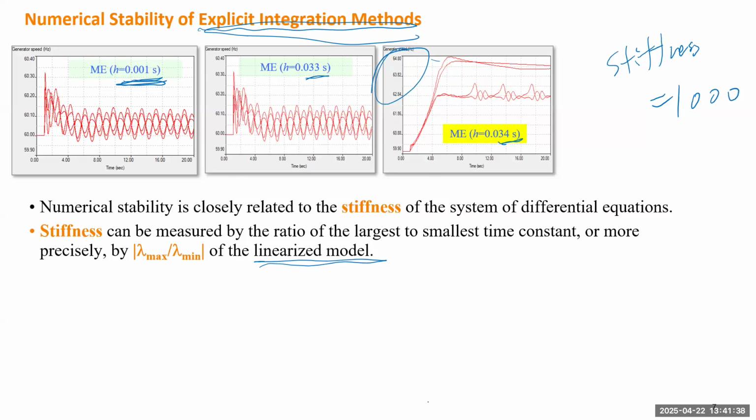But because the system also has very fast dynamics, governed by the smallest time constant, your time step needs to be small enough to track the fastest dynamic. So on one hand, you have a very large simulation period. On the other hand, you have to take a very small step. That gives you some challenge to simulate. So that's why this can be evaluated based on the stiffness of the system.